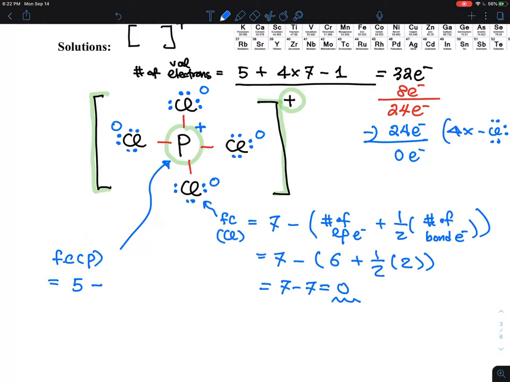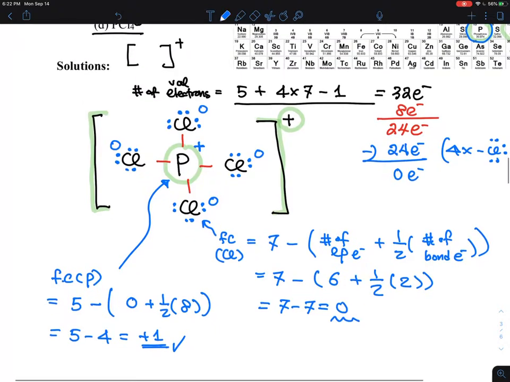And then minus, how many lone pair electrons do you see? None. And half of the bond electrons: you see 4 bonds, so that's 8 electrons. So 5 minus 4 is a +1. That's the way to confirm my Lewis structure, and this one is true.